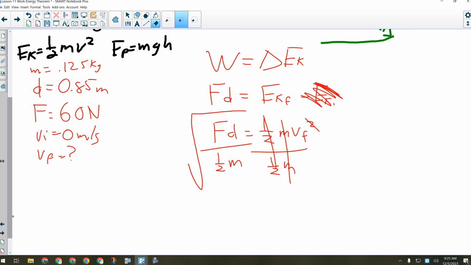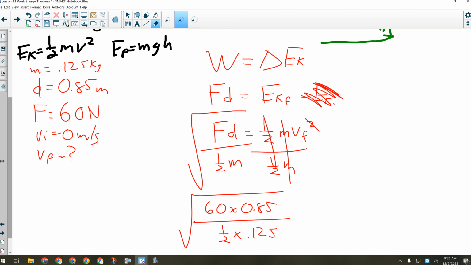Yeah. So the force was 60 newtons times 0.85 meters divided by 1/2 times 0.125, all square rooted, should give me VF.